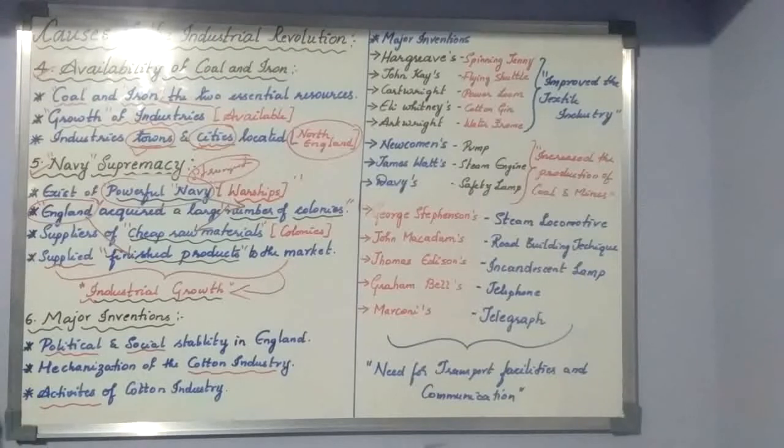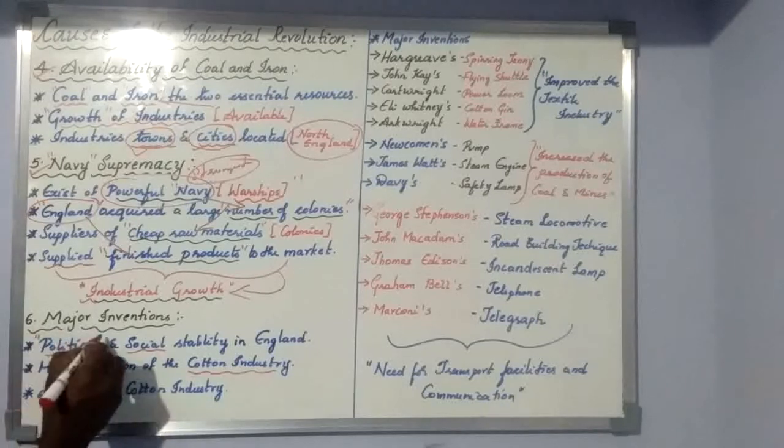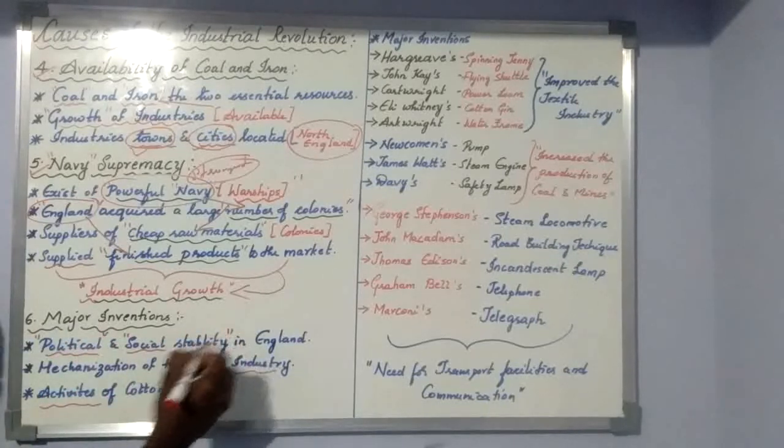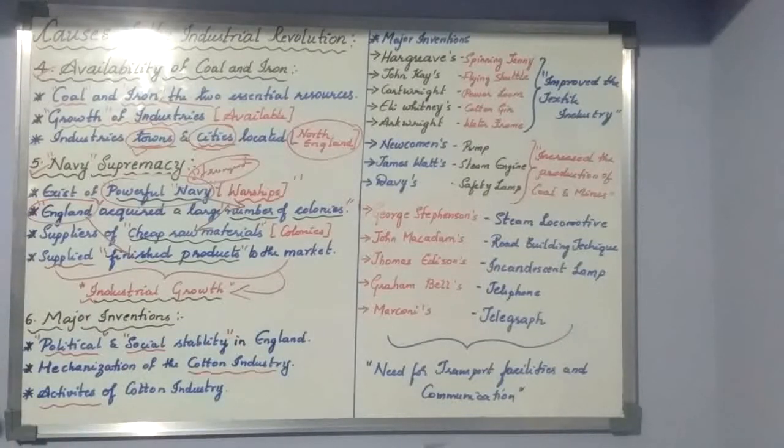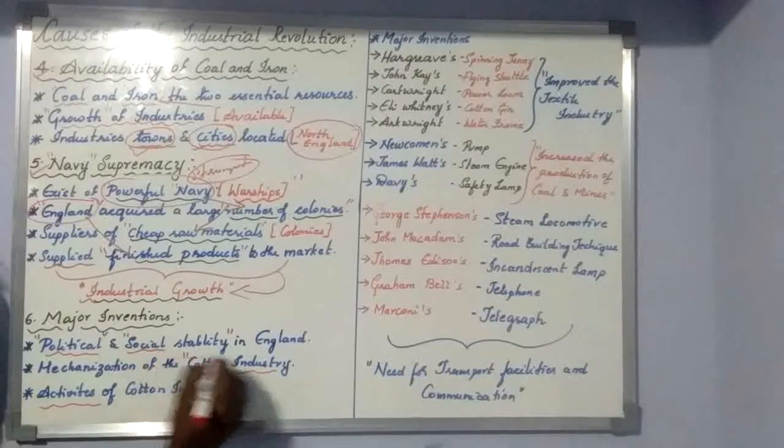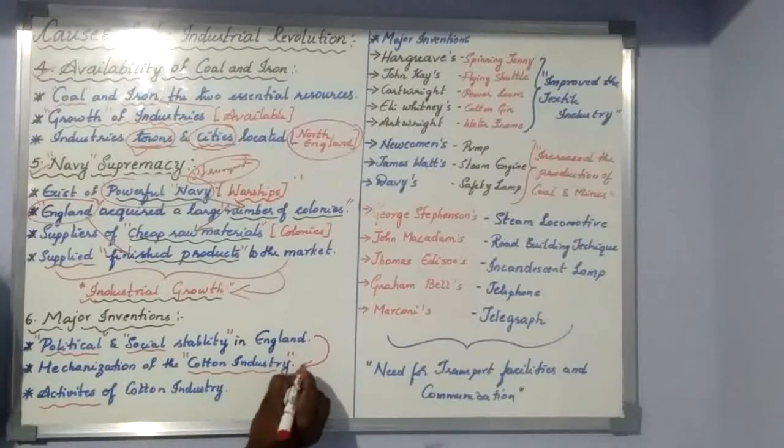In such situations, major inventions took place, because of the political and social stability in England. The inventions were related mainly to the development of the cotton industries.